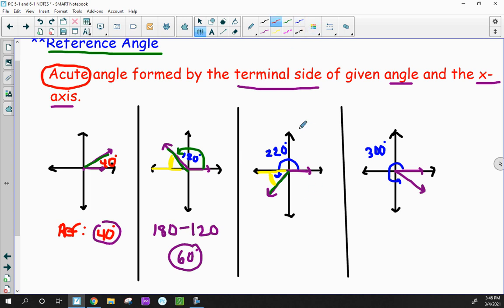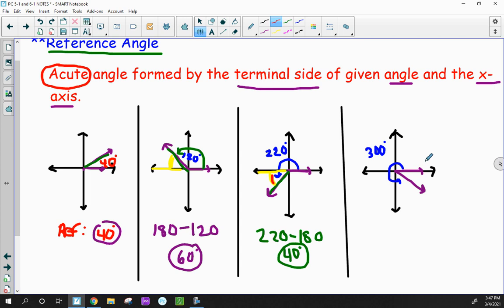To find that answer, this time, if all of this angle is 220 and I'm only looking for this little piece right here, then I know from what I said earlier, a straight angle has 180 degrees. Then what I can do is take the original angle, 220, and subtract from it 180. So we're looking for the part I've highlighted in red and in yellow, and that answer is going to be 40 degrees. Be careful on this one. I have, from the past, several students make that mistake. So look for that measure.